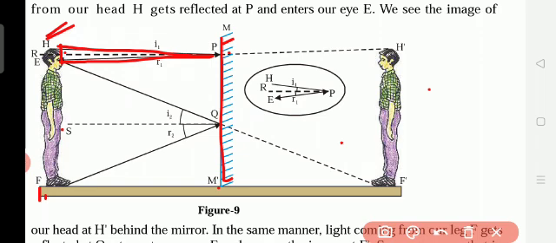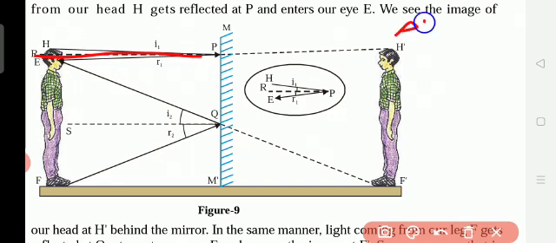I means incident ray, R means reflected ray. So from the head it is coming here to P, and again it is reflecting back. In this, the normal ray is PR.